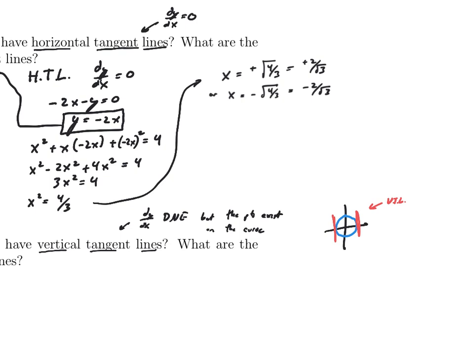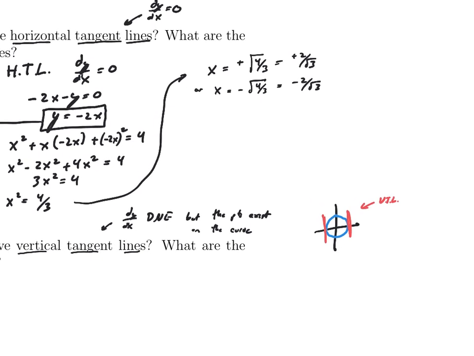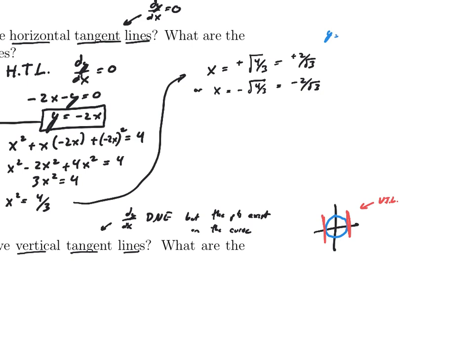Okay. Now to find the corresponding y values, remember y is equal to negative 2x. I just multiply by negative 2. So the corresponding y is equal to, in this case, negative 2 times 2 over the square root of 3, which is negative 4 over the square root of 3. And the same thing goes for this one.